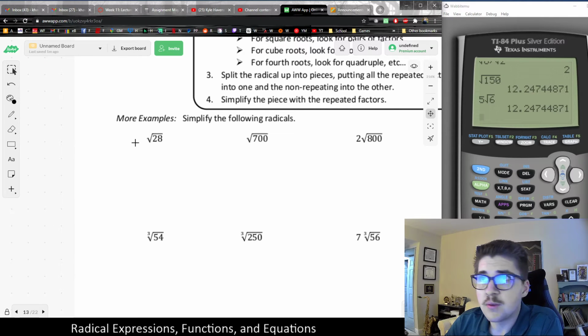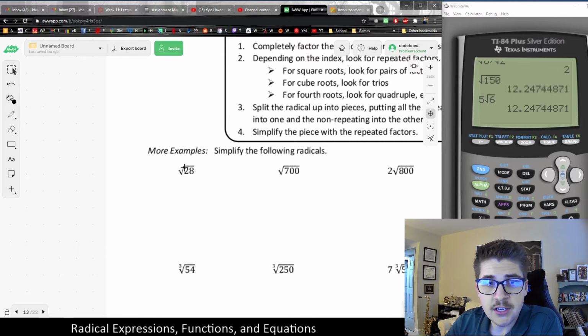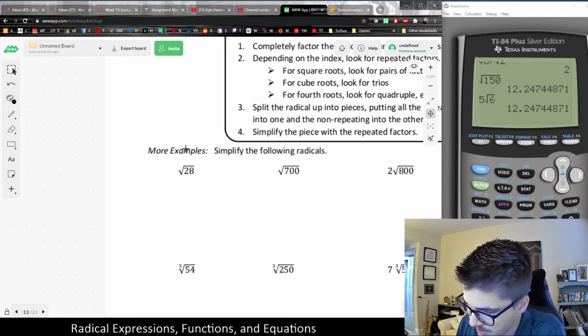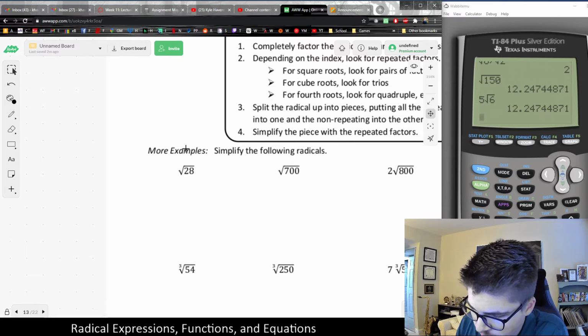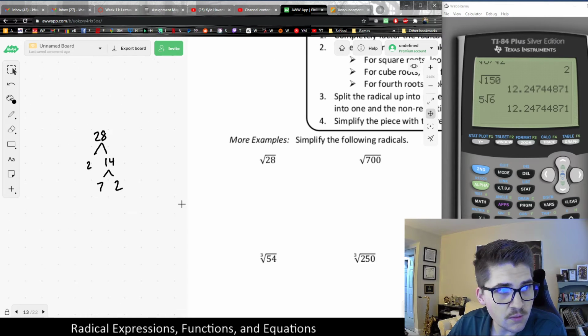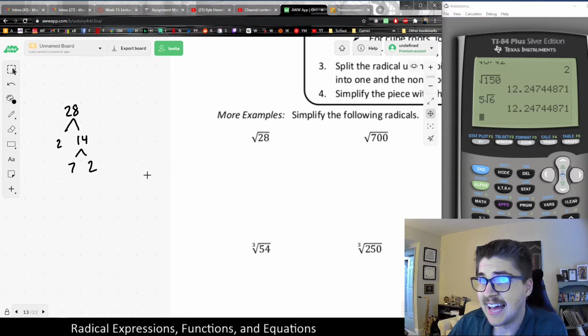Say this square root of 28. You could start by just factoring the number, but let's try to follow this step-by-step process. If I build a factor tree, 28 could be broken down as 2 times 14, and 14 is 7 times 2. Once we've broken it down into all of its prime factors, we're done.